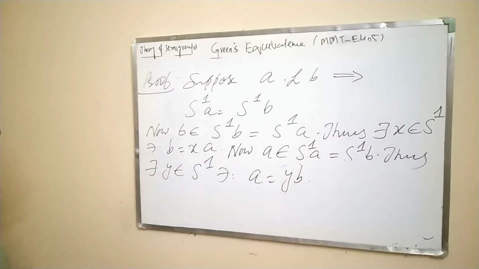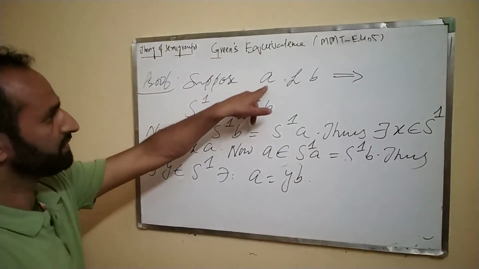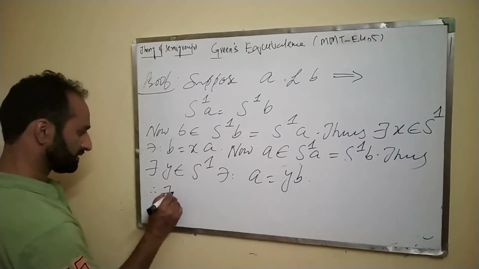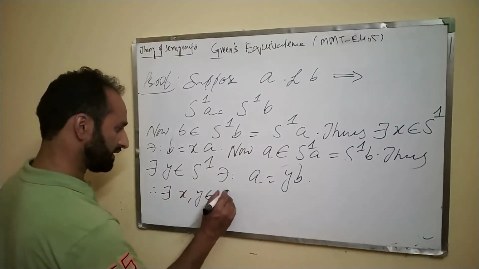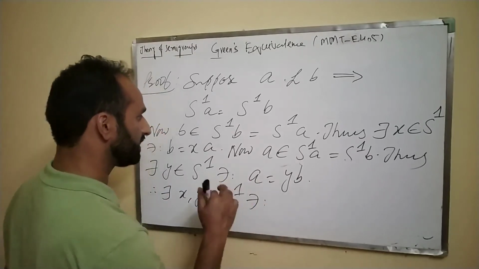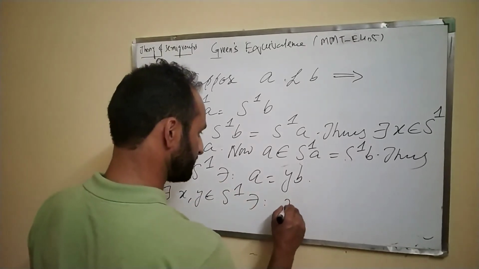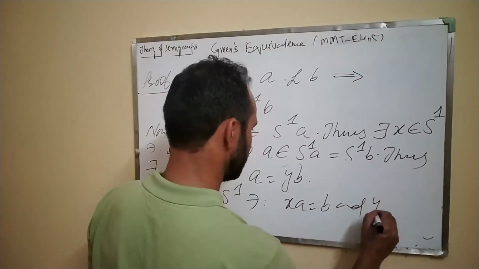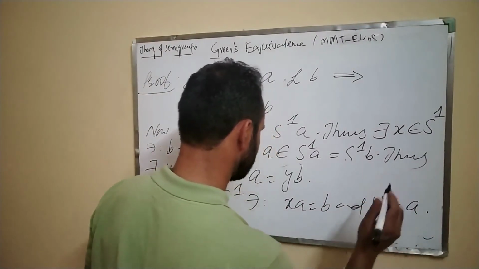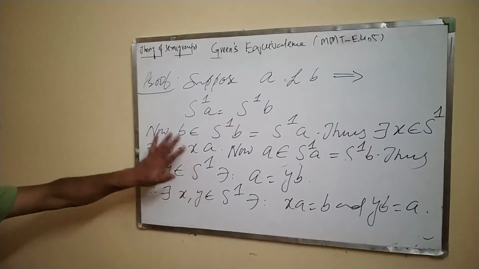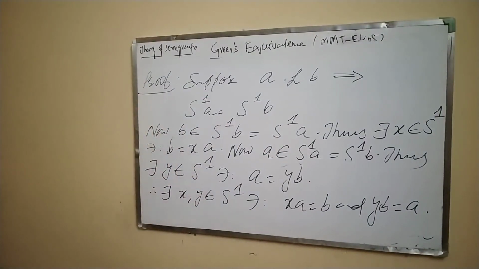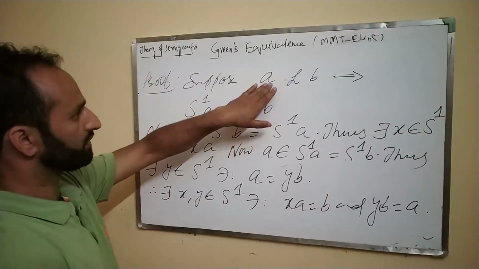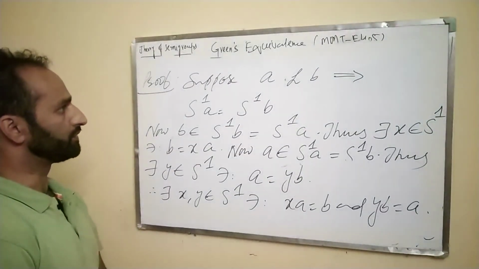So whenever A and B are L related, there exist X, Y in S1 such that XA is equal to B and YB is equal to A. And the converse is very simple. Now on the other part, that A is R related to B, it is also simple. Thank you.